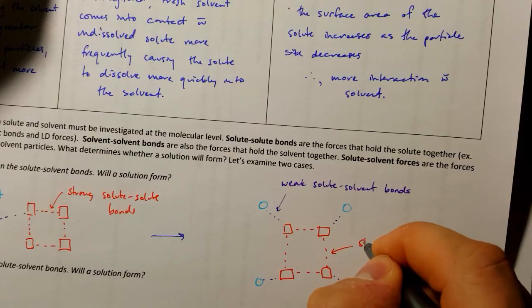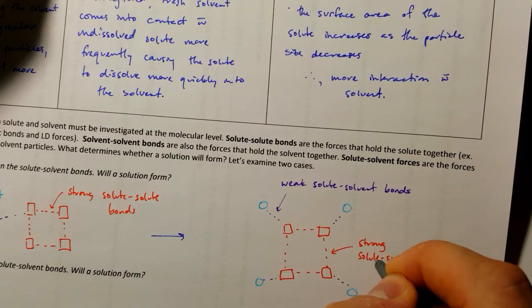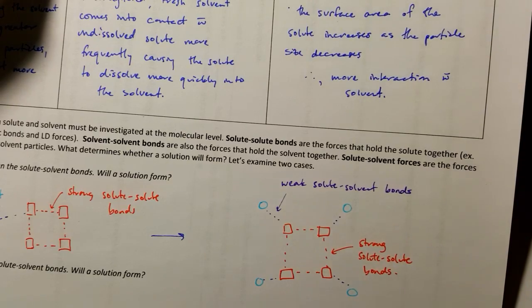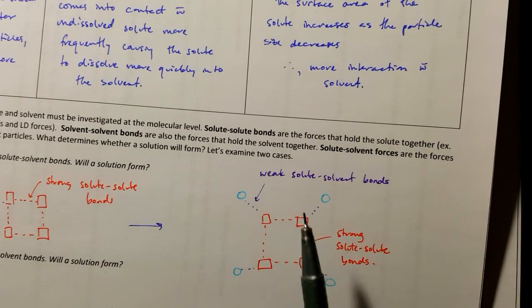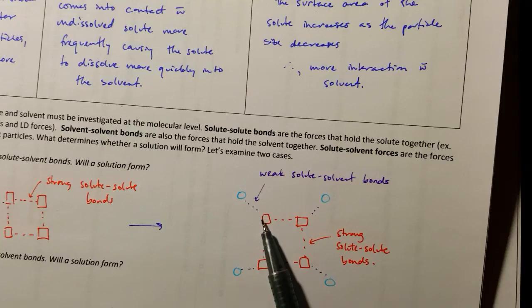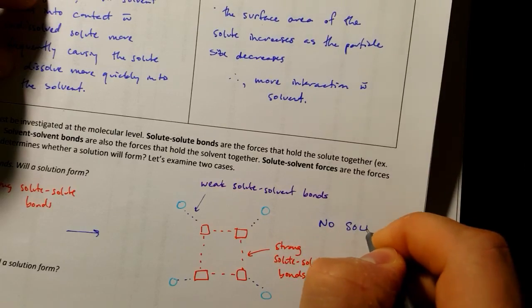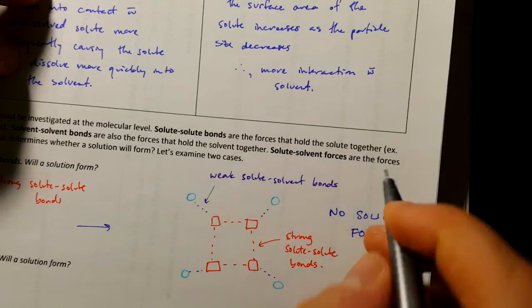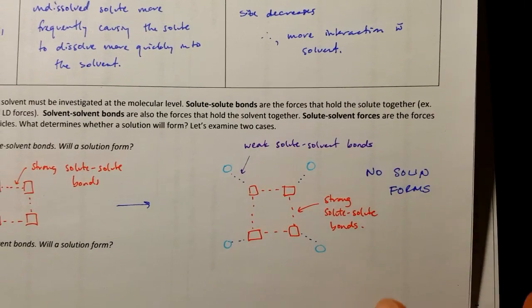Whereas these are strong solute-solute bonds. So the conclusion here obviously is that if the solvent cannot pull the solute apart from each other, no solution forms. Okay. No solution forms.